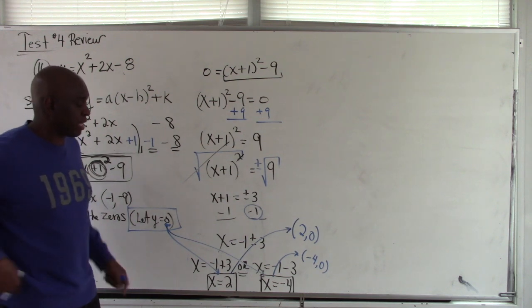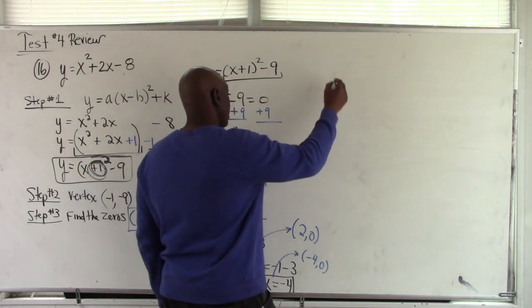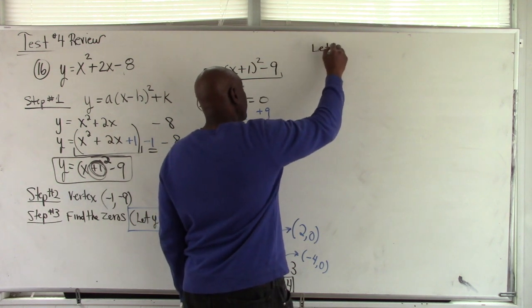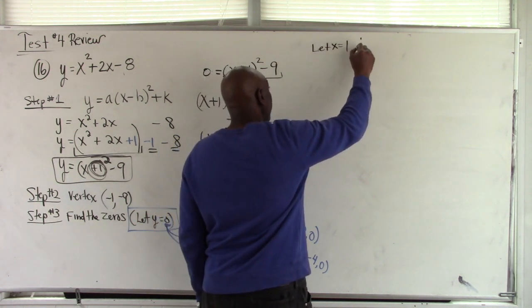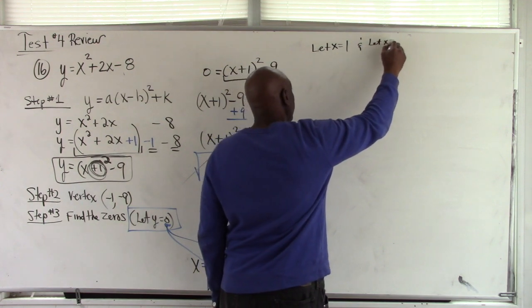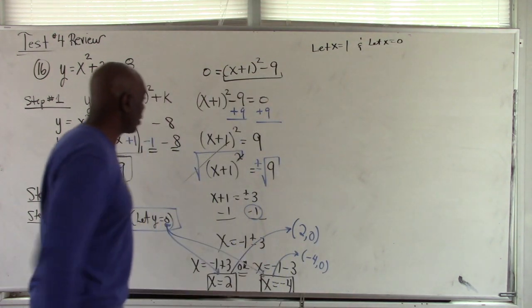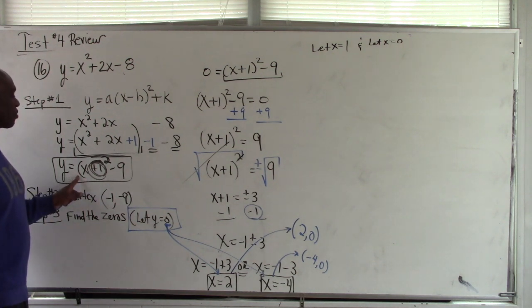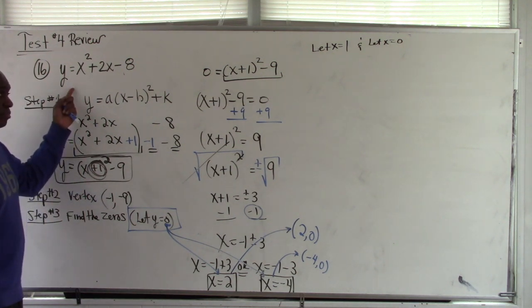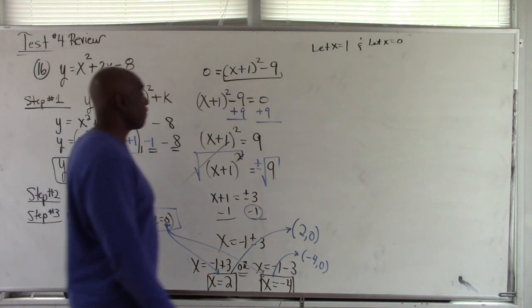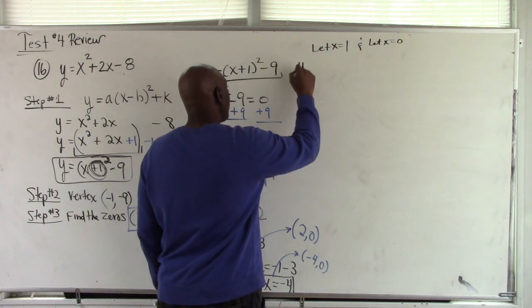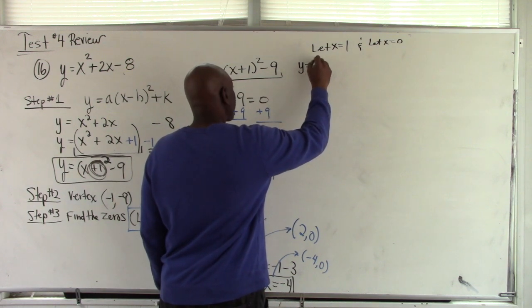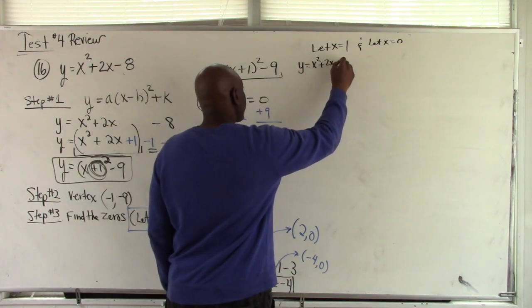So you choose what you want x to be. I'm going to let x equal 1 and let x equal 0. I'm going to choose 1 and 0. Alright? And it doesn't matter where you plug it in. Right? You can plug it into the vertex form or the original. So you can use y equals x squared plus 2x minus 8.